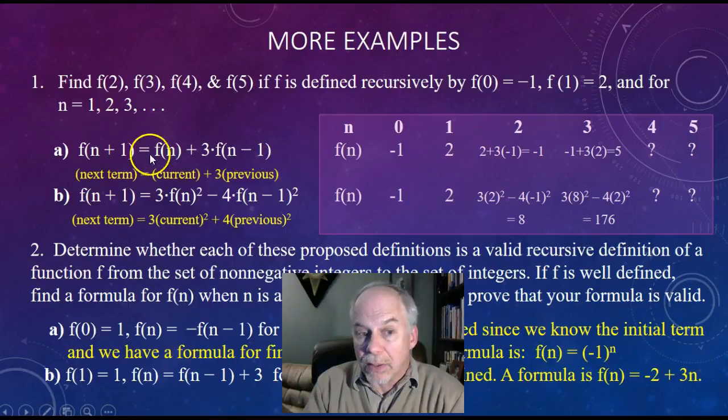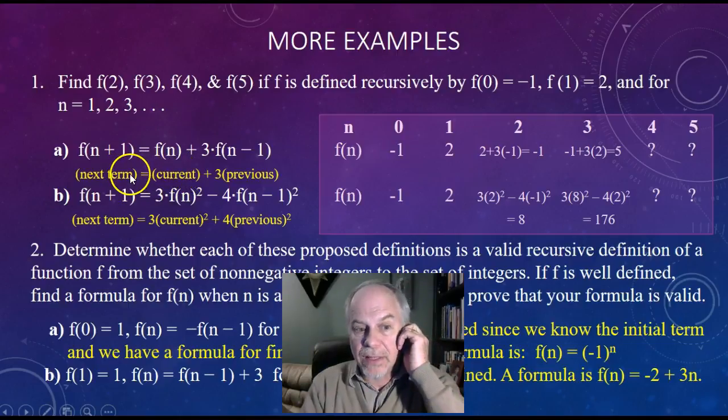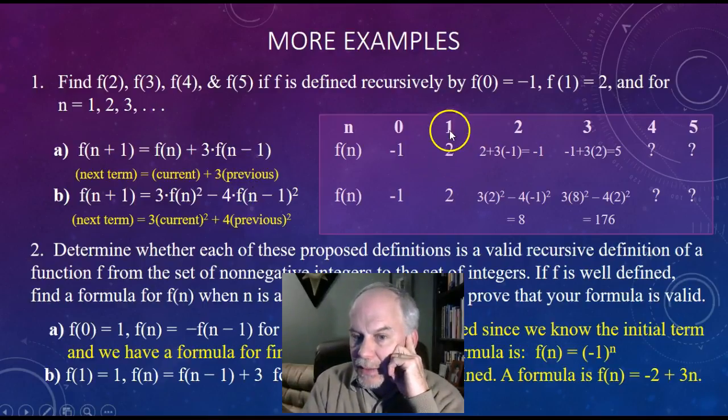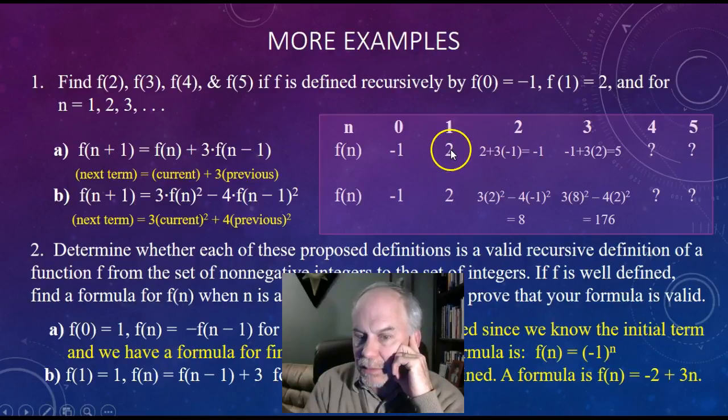Now, we are told in the instructions that f of 0 is -1 and f of 1 is 2. So we have what the 0 term is and what the first term is. All we do to find a term is take the current term plus 3 times the previous term. If we're on this term here, when n is 1, that's the current term.